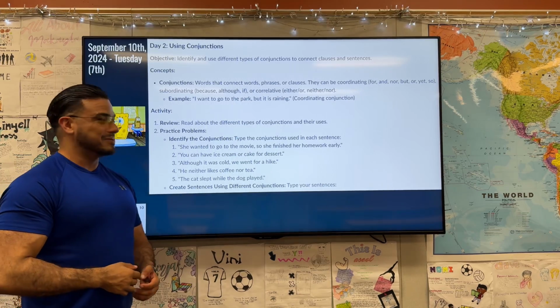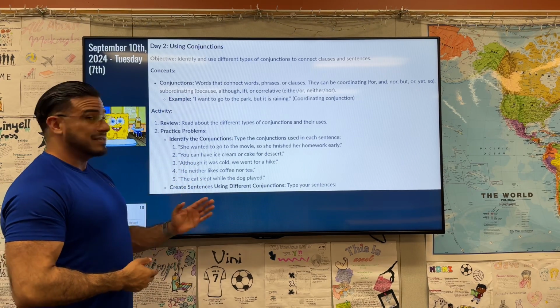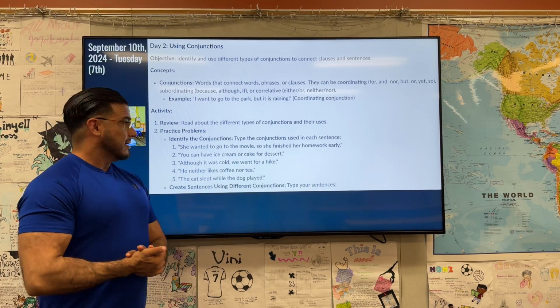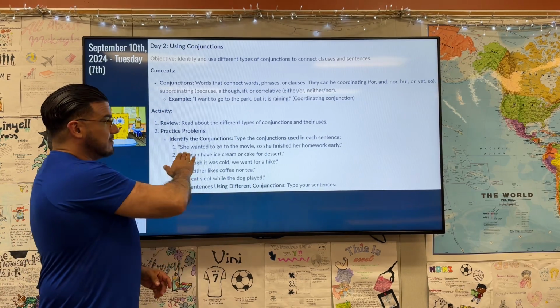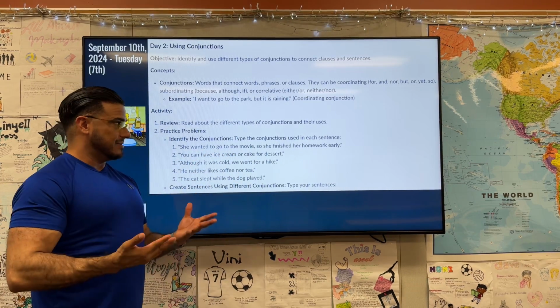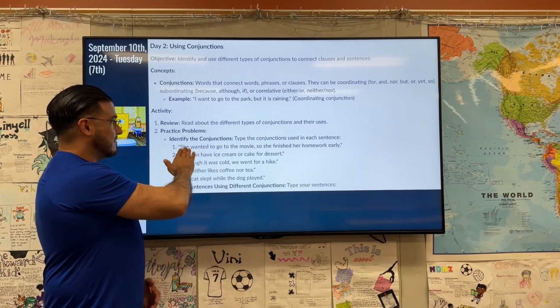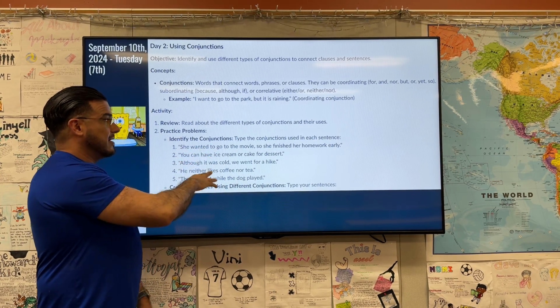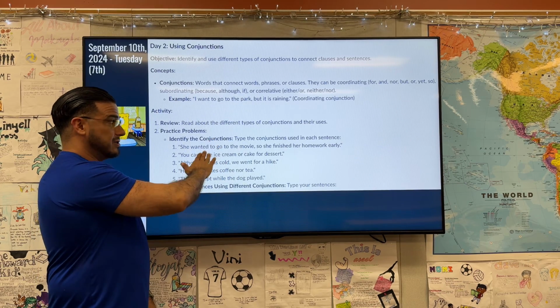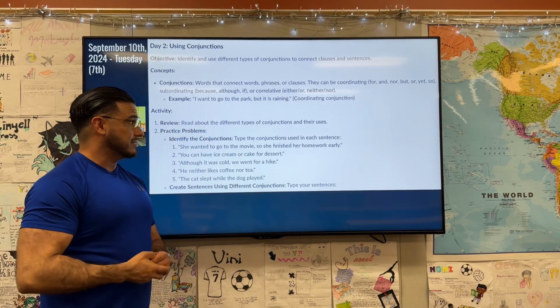Okay, so looking at the sentence, I can see that we do have 2 clauses. The first of which I can identify right at the beginning, which is she wanted to go to the movie. It seems to be an independent clause. We've got our subject, she, our verb, wanted, and then wanted to go to the movie, that prepositional phrase.